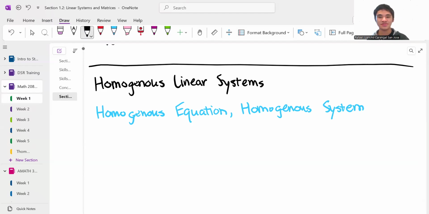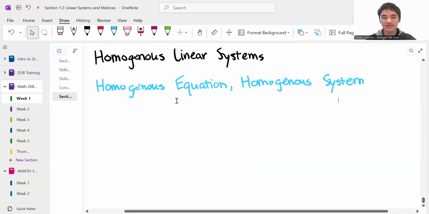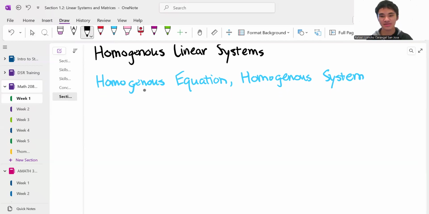So going back to the idea of the first section, 1.1, what is a linear equation? What is a linear system? A linear equation is an equation that defines a line, right? And a linear system is a set of linear equations put together. So what is a homogeneous linear equation?